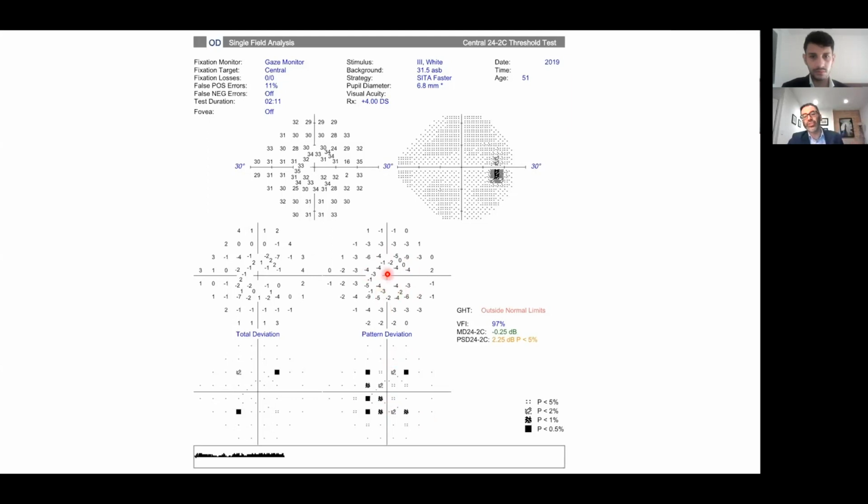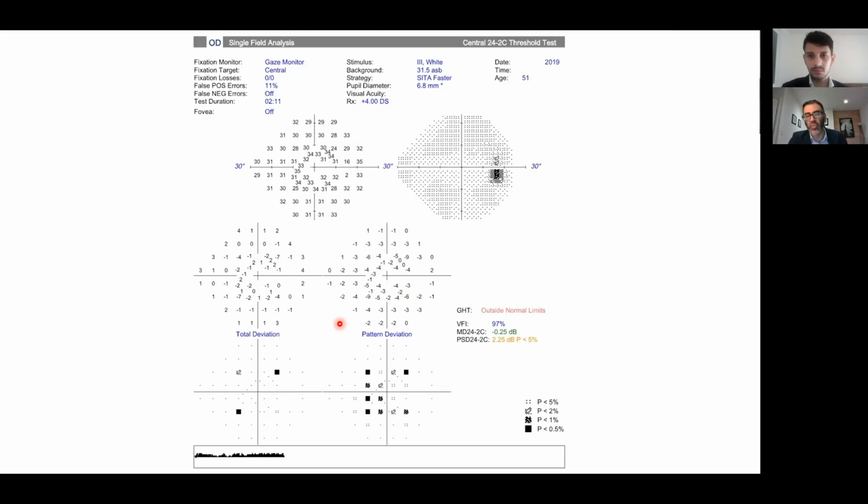As you mentioned earlier, the central points on the 24-2C don't replace your 10-2, but there's some high value points. So that if you do see defects related to glaucoma, the 24-2C will likely pick them up. If I do see points on the 24-2C centrally, my next step is to run a 10-2.